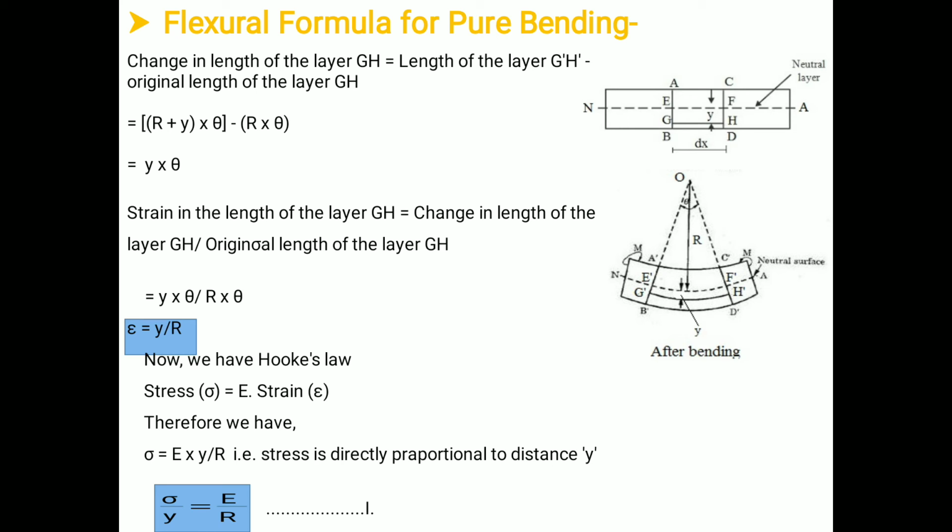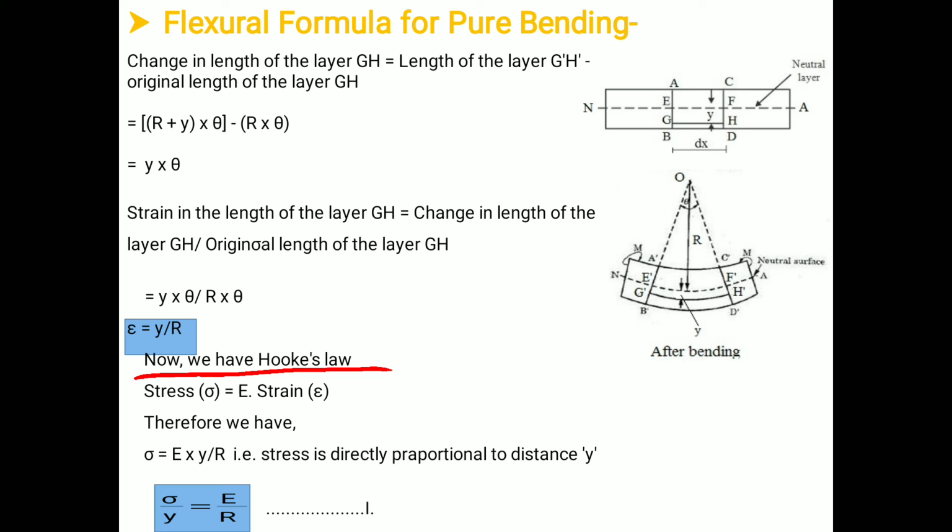And for the same layer we are going to calculate the value of stress, and that is our aim to find the flexural formula. Now we are going to calculate the stress for the layer GH. This is the layer on which we have concentrated our entire derivation. Now all of you know Hooke's law.